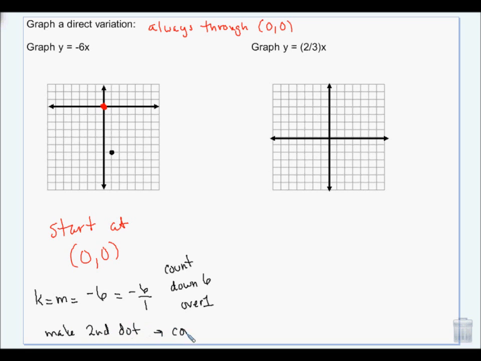And then you're going to just connect them. Connect the dots.